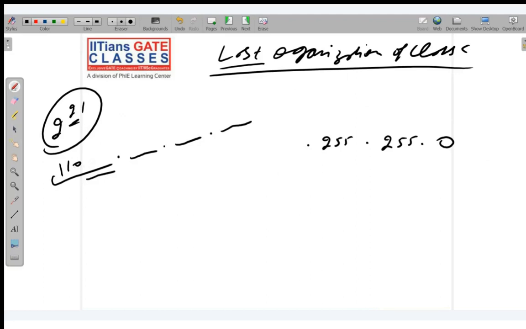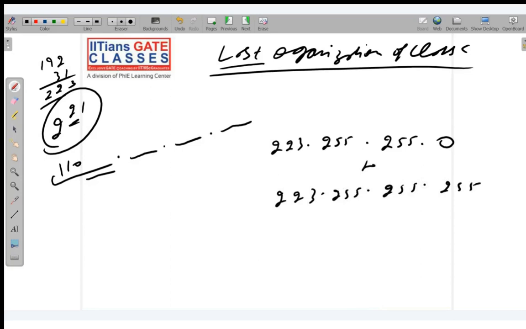You have to add 31 to 192, so it will be 223. So 223.255.255.0 to 223.255.255.255. This is the last organization of class C.